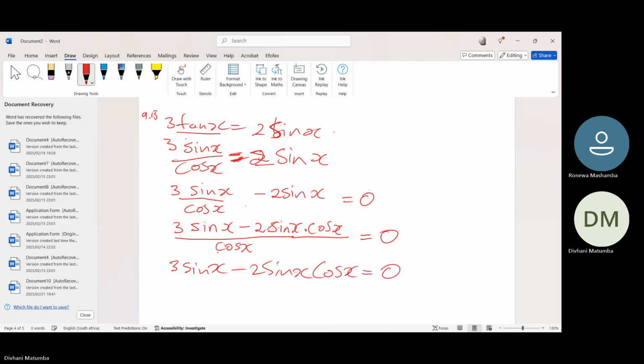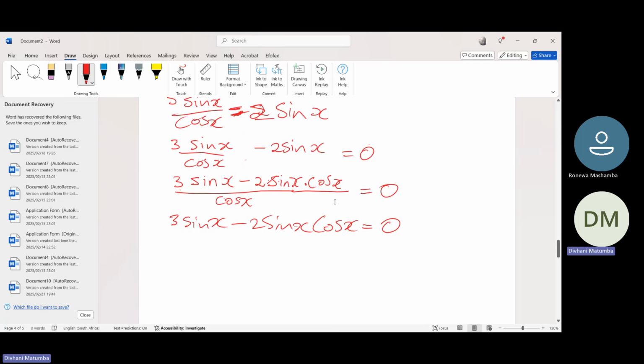Okay, I agree with you, because if we multiply by cos, we'll get that. And then because it's two separate terms, could we factor out sine x?